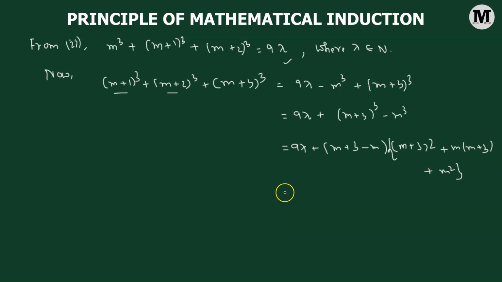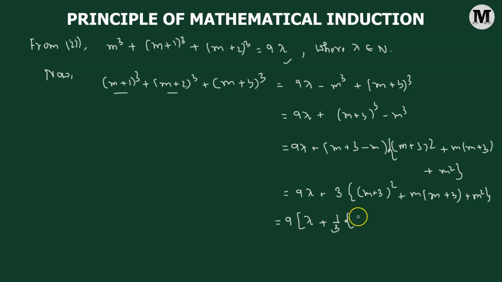Fine. So this is going to be equal to 9 times lambda added to, so m and m get cancelled. So we have 3 multiplied by (m plus 3) whole squared added to m times (m plus 3) plus m squared. Now, from each of the two terms, if we take 9 as the common factor, we have 9 multiplied by lambda added to 1 over 3.